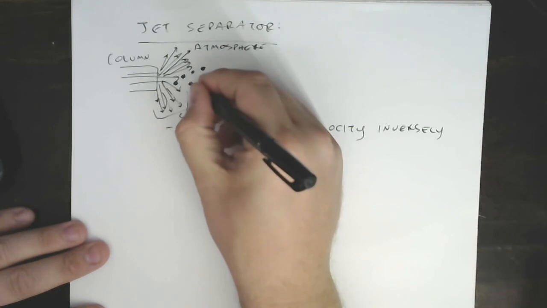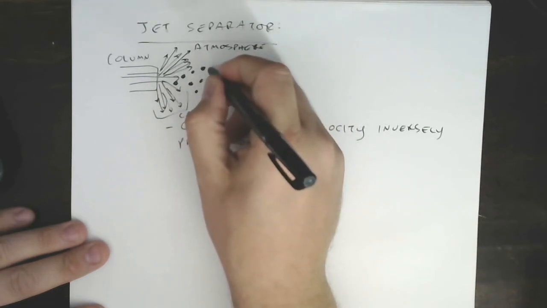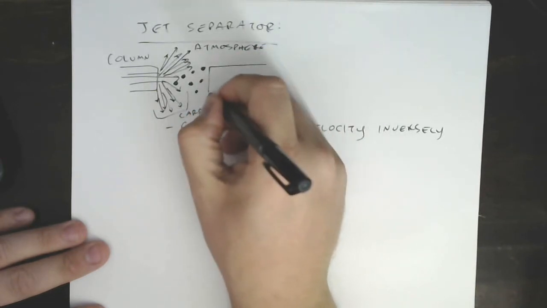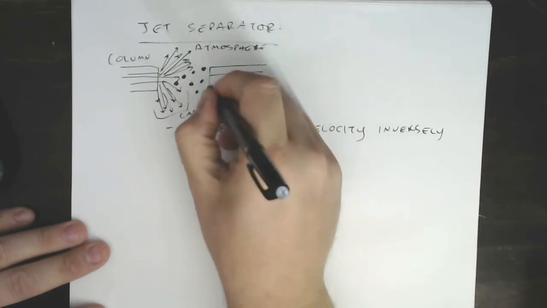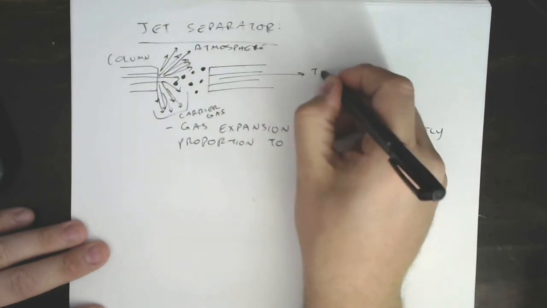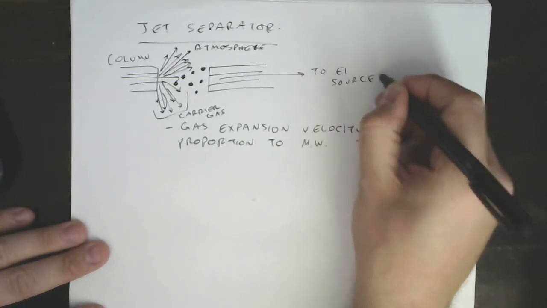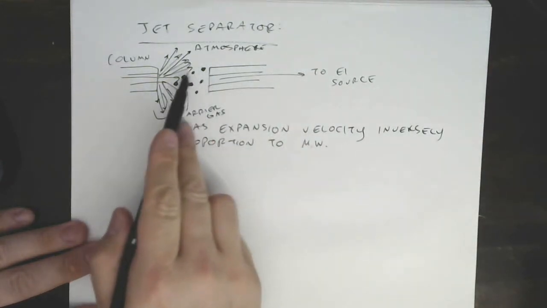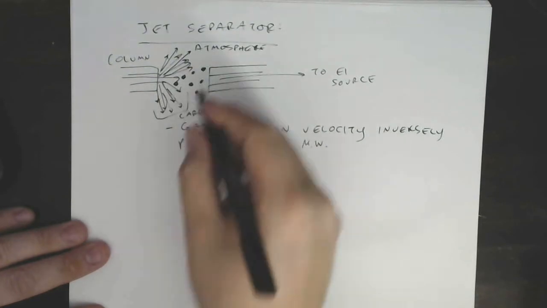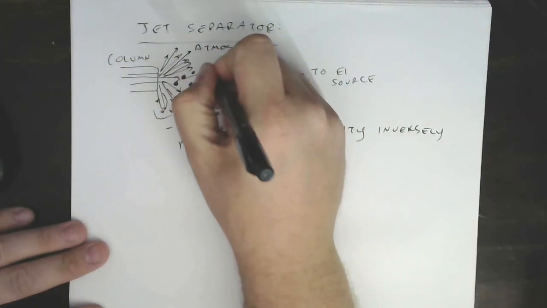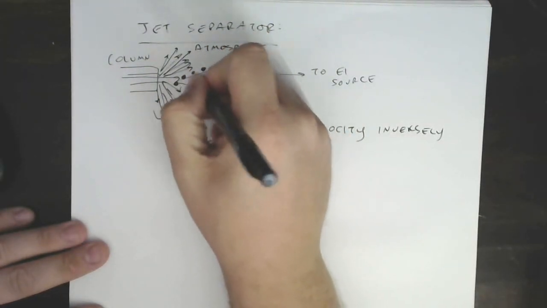And that means that if you carefully position now the inlet to your EI source, which over here is down at low pressure, but back here at the inlet, it's at atmospheric pressure. It's not like you're going to reject all carrier gas, right?